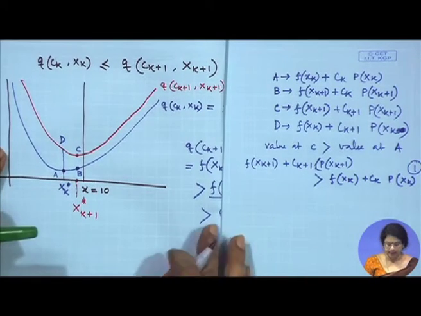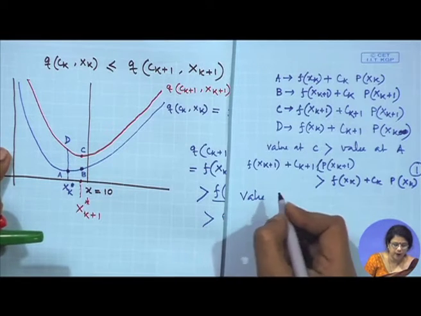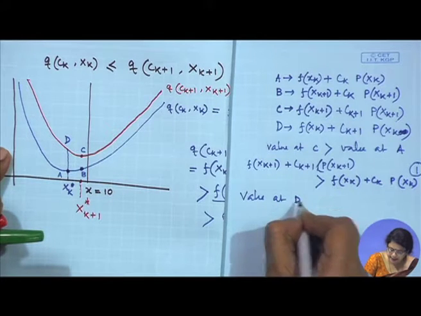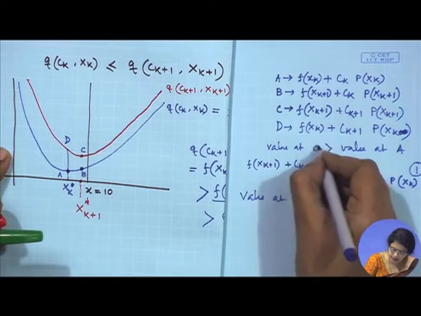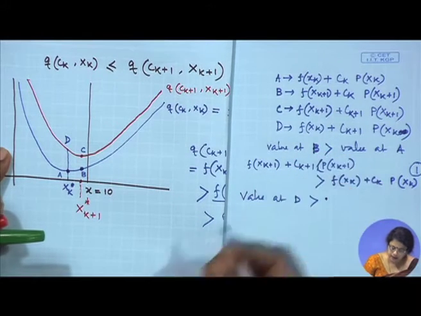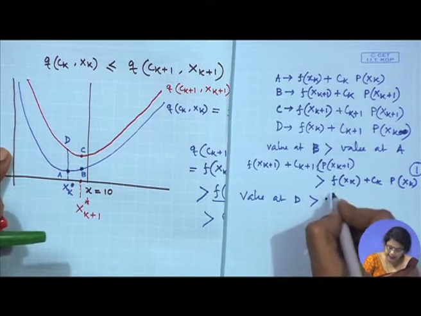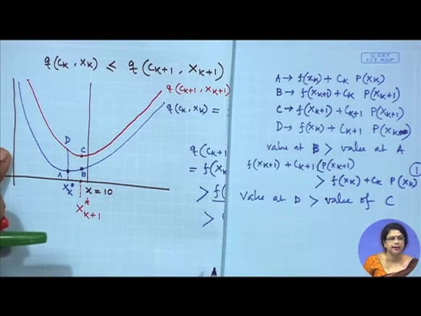All right. And in other case, value at D is higher than value at B. This is not C, this is B. All right. That is why we have written so. Okay. And value of D is higher than value of C. Is that clear?